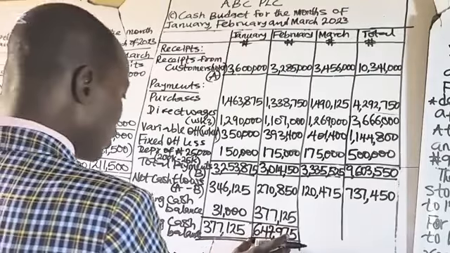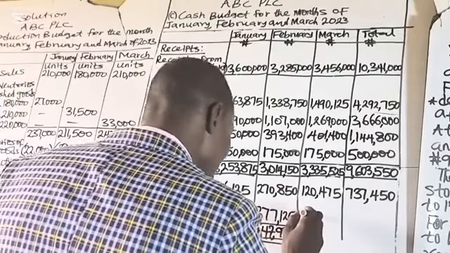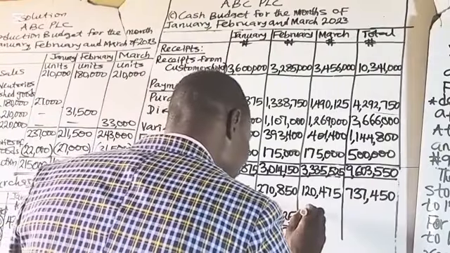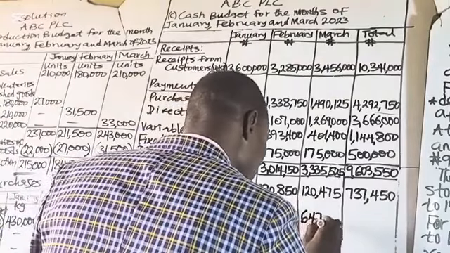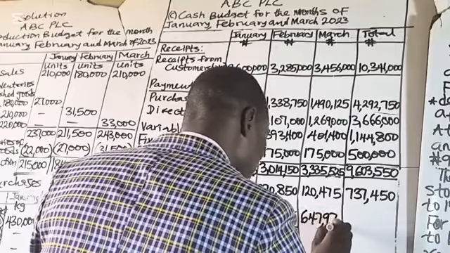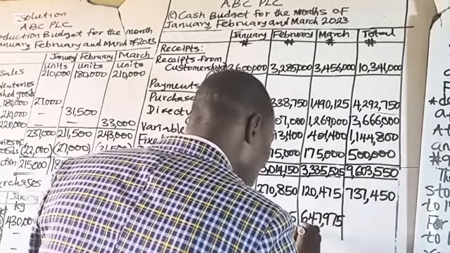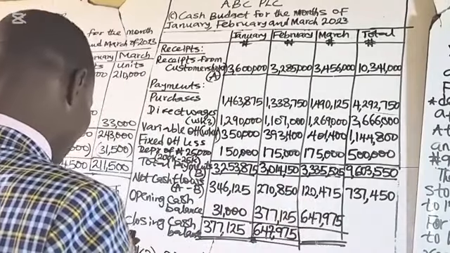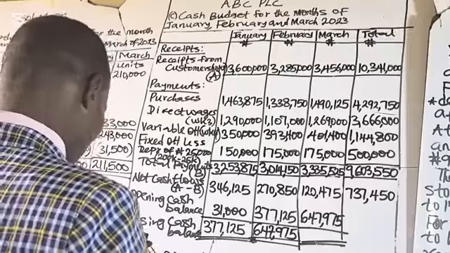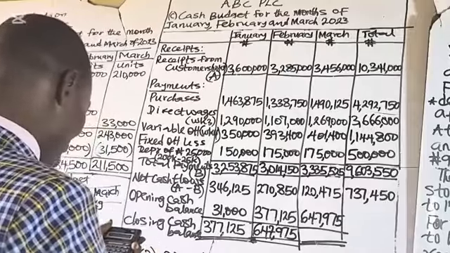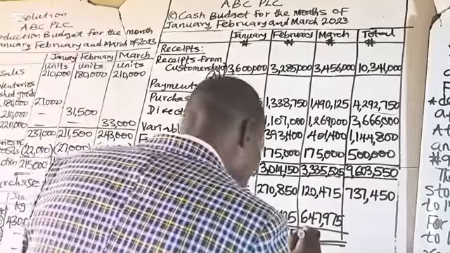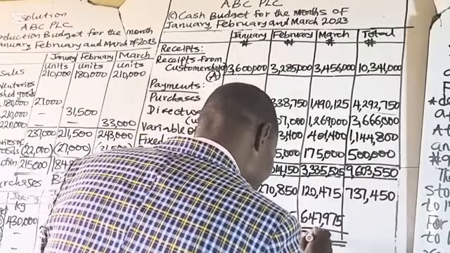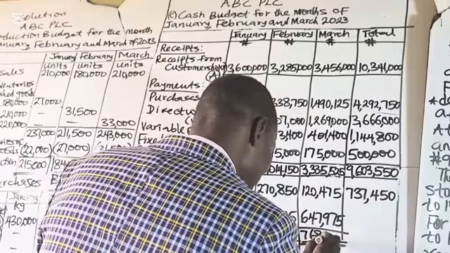What we have as the closing balance in February becomes the opening balance in March, 647,975. If you add it to 120,475, we have 768,450.